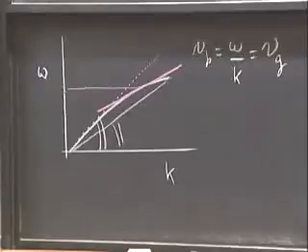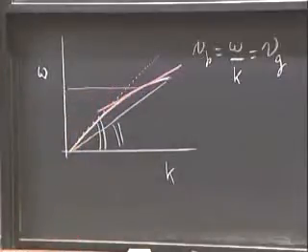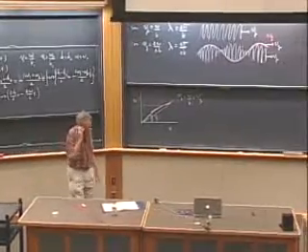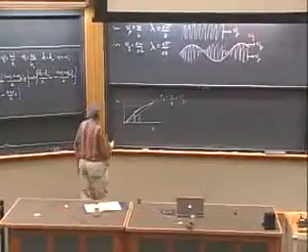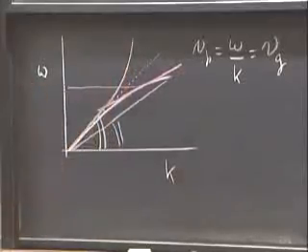And the exact values of the phase velocity and the exact values of the group velocity follow from the shape of that curve. So you have to know that curve, and that curve is called in general the dispersion relation. So any relation between omega and k gives the whole show away. Suppose you had an omega-k relationship that goes like this. And you will see today that that's possible.